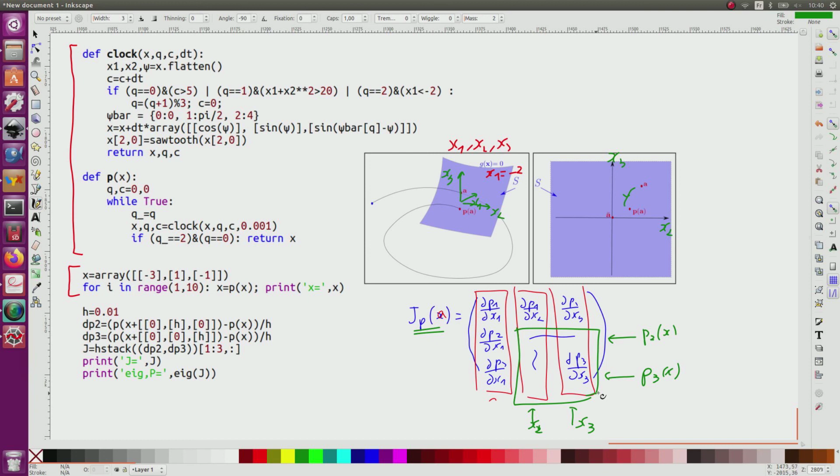And then I will study the stability of this function, which tells me if I will converge to a bar or not. So this is why I take h equal to something small.